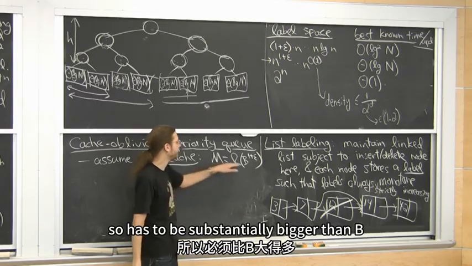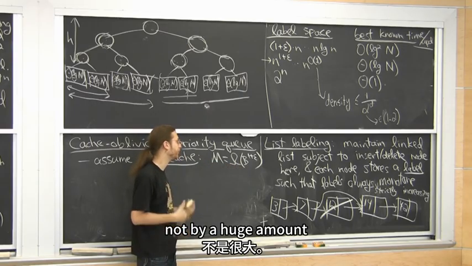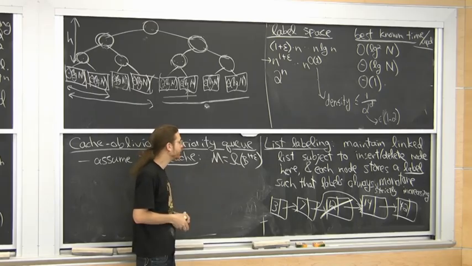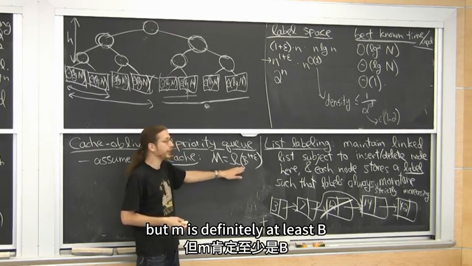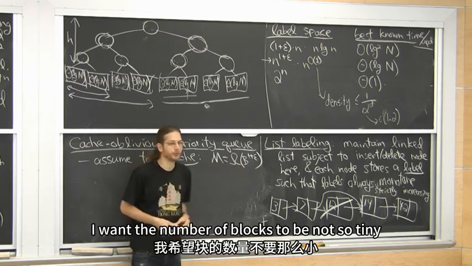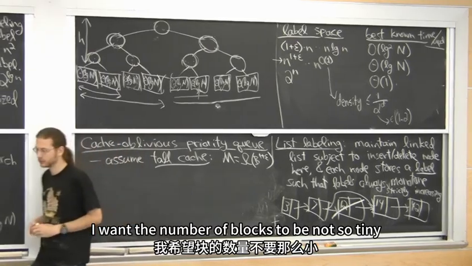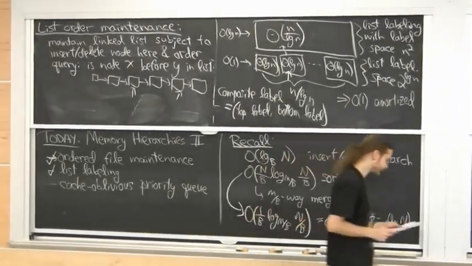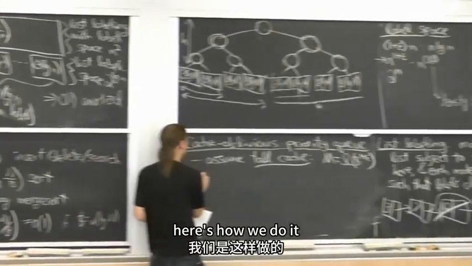So it has to be substantially bigger than B, not by a huge amount. Could be B squared, could be B to the 1.1 power. But M is definitely at least B, and I want it to be a little bit bigger. I want the number of blocks to be not so tiny. Okay, then here's how we do it.